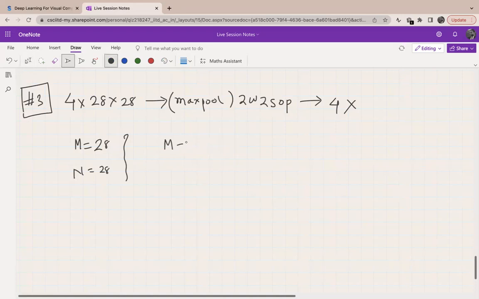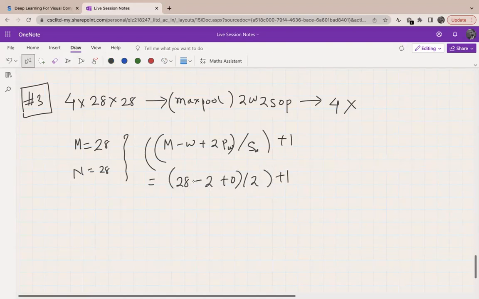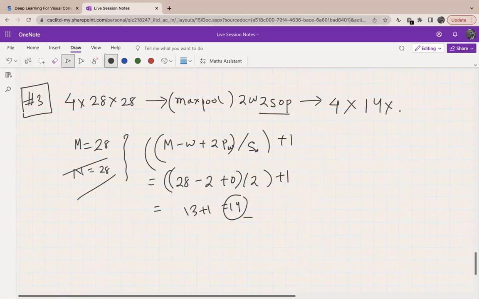It was (m minus w plus 2p) by s, plus 1, which equals (28 minus 2 plus 0) by 2 plus 1. 26 by 2 is 13, plus 1 equals 14. And since m and n are identical, it will also be 14 cross 14.